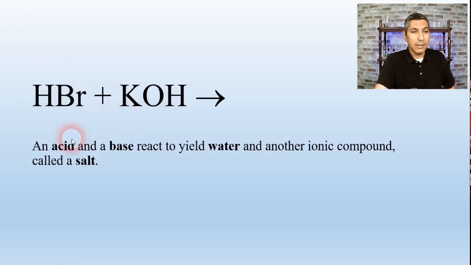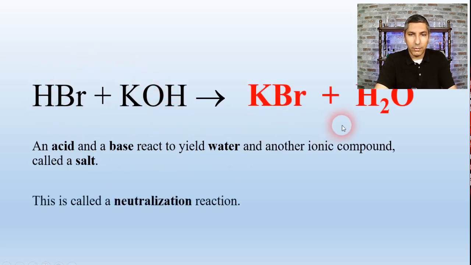And the rule here is that an acid and a base react to yield water and another ionic compound called a salt. So H reacting with OH will get you H2O, which is water. And then potassium ions reacting with bromide ions gets you potassium bromide, which is KBr. And this specific type of double replacement reaction is called a neutralization reaction.